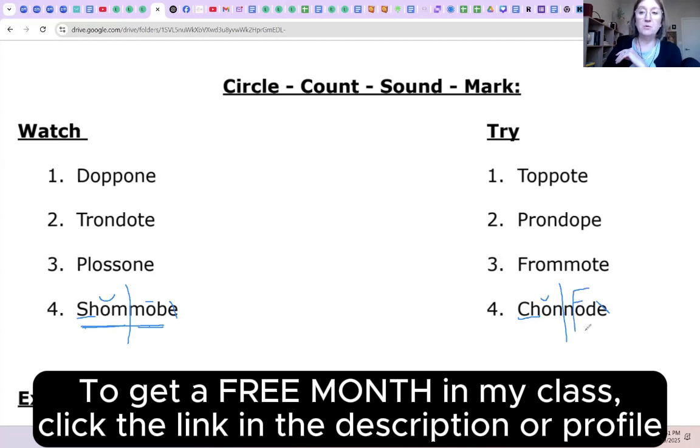This is our new reading pattern that we're learning. The O, consonant, silent E, is usually how we spell the O sound at the end of longer words. That's where you're going to usually see it. So our sounds are ch, ah, n, chan, and then n-ode, node, cha-node, cha-node.